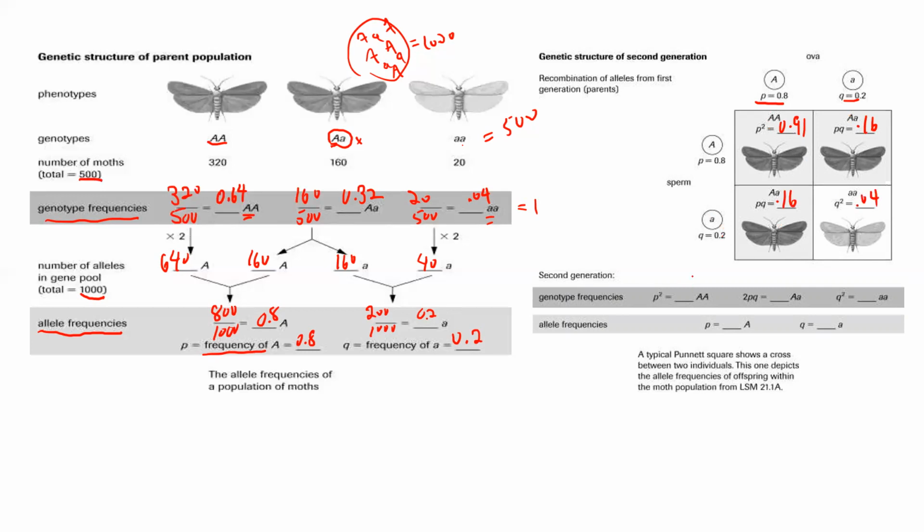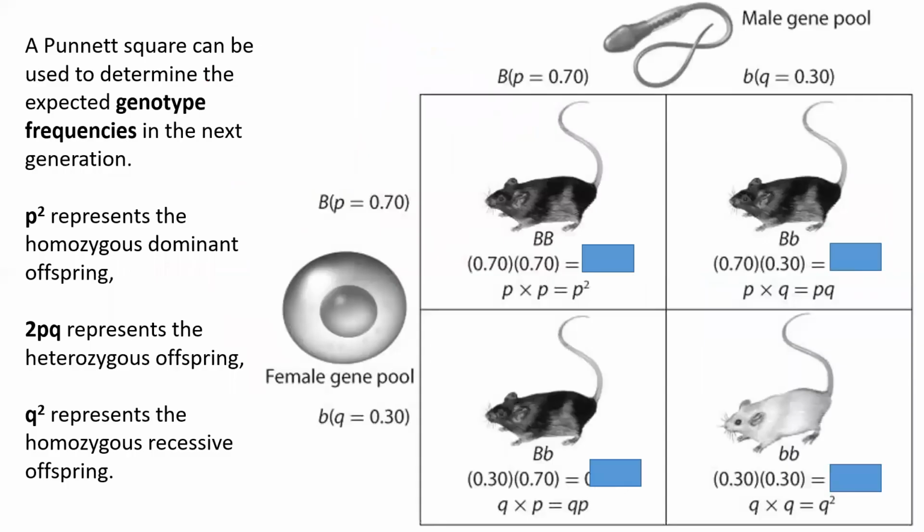So 0.8 squared, 0.64, 0.32, and I made a mistake there, 0.64, and 0.04. And that's going to add up to our 1. 0.8, 0.2 for allele frequencies, add up to 1. And this just shows the same with mice, 0.49, 0.21, 0.21, 0.09.